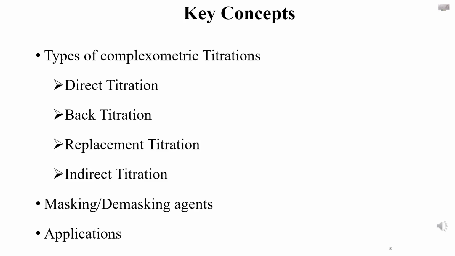Then the metal ions and the chelating agent, that is EDTA, form complexes, and EBT will be in free form. So in the initial stage, when metal ions and EBT complexes form, its color will be wine red, and when EBT is in free form, the overall color of the solution will be blue.